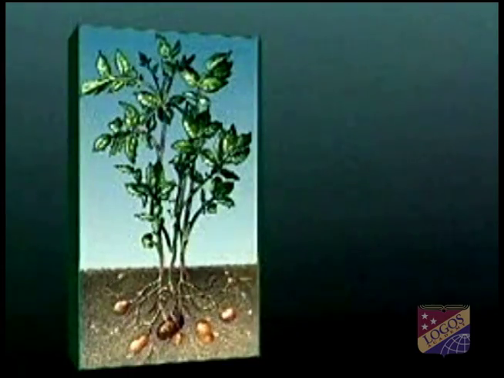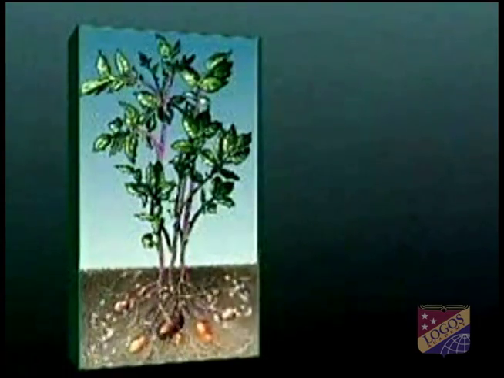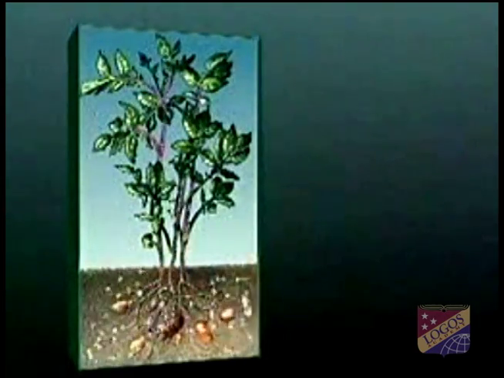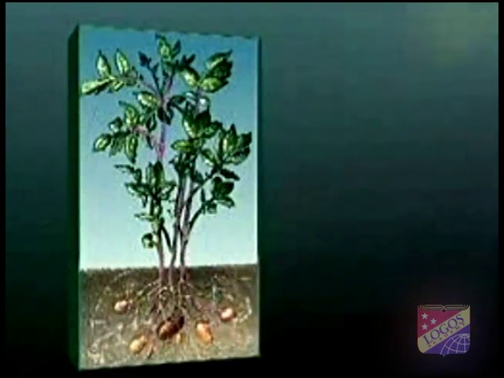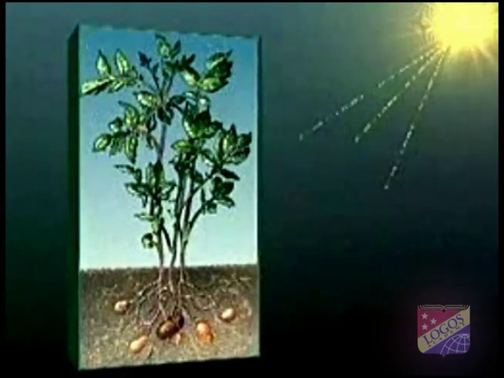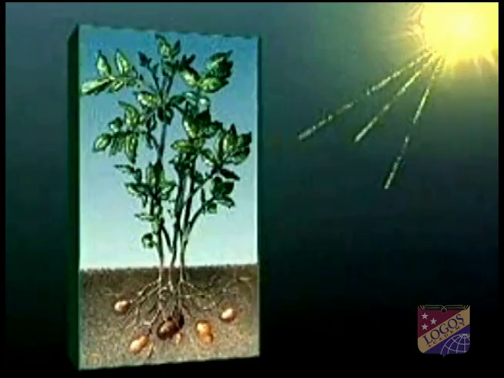Most plants can produce their own food through a process known as photosynthesis, through which plants capture energy from the sun and convert it into food to grow and reproduce.